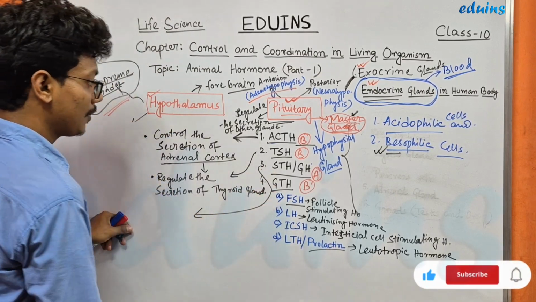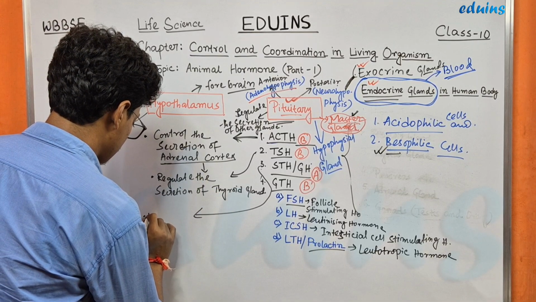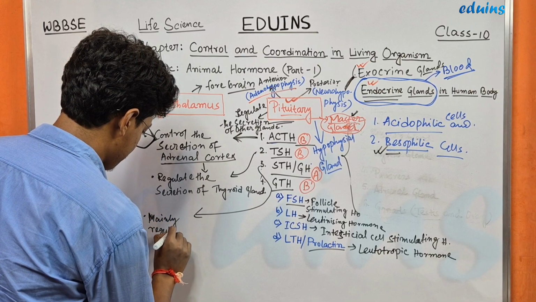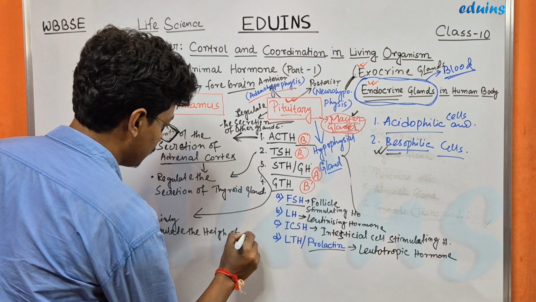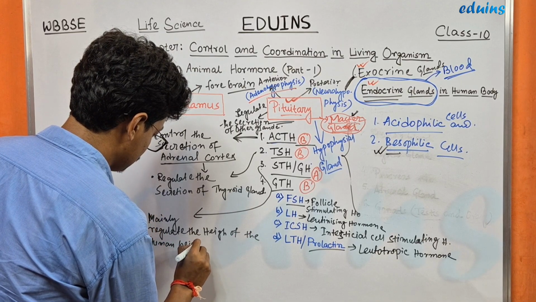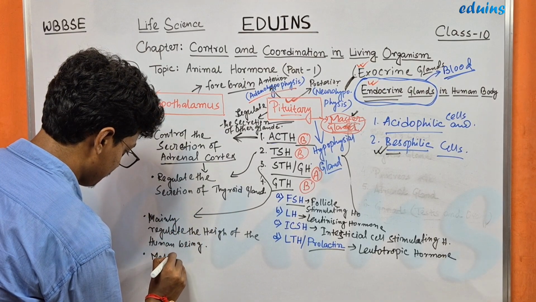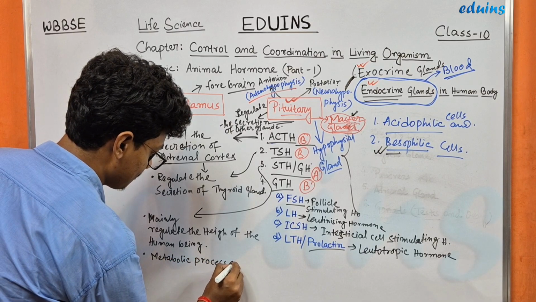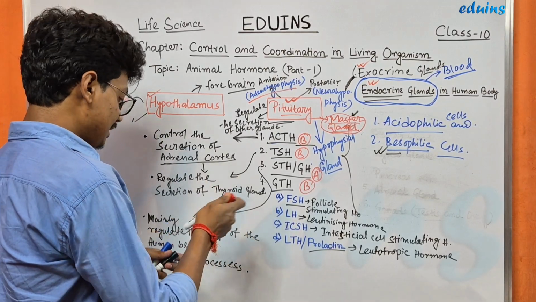Third one is the STH or somatotropic hormone or growth hormone, which mainly regulates the height of the human being as well as it also regulates the metabolic process. Okay. So this is the function of STH or GH.